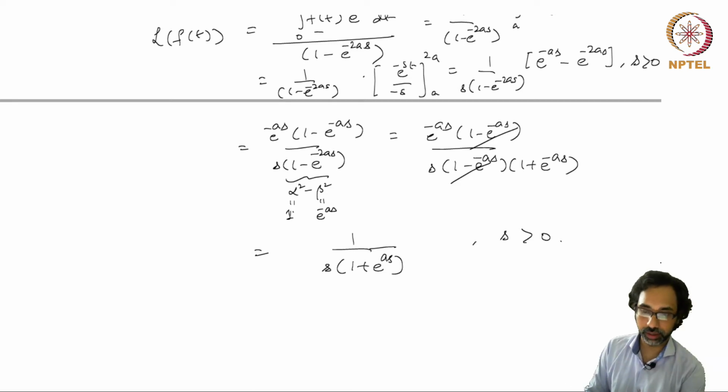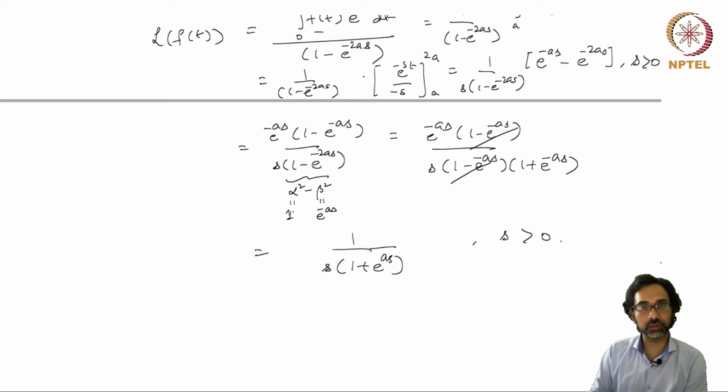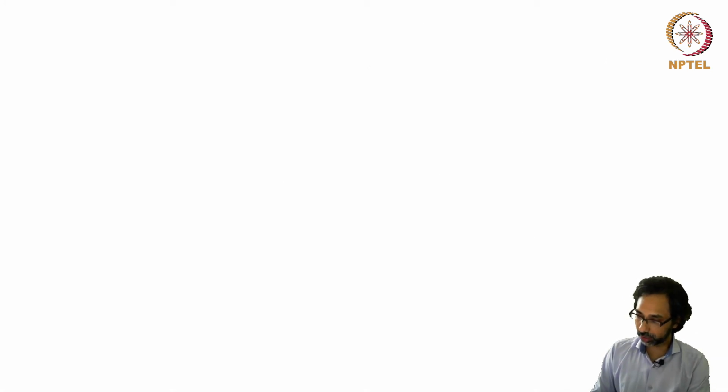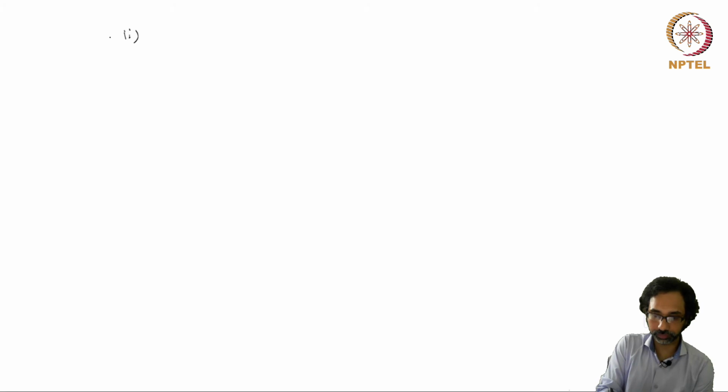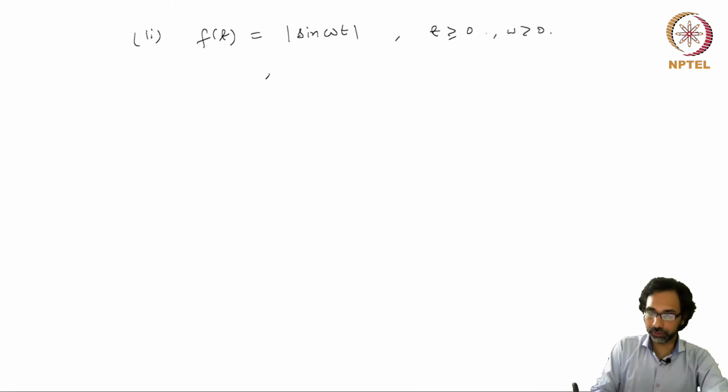So this is an application of our formula for periodic functions. Let's look at another periodic function f(t). This is modulus of sine omega t for t greater than or equal to 0. So the graph of this function looks something like this.